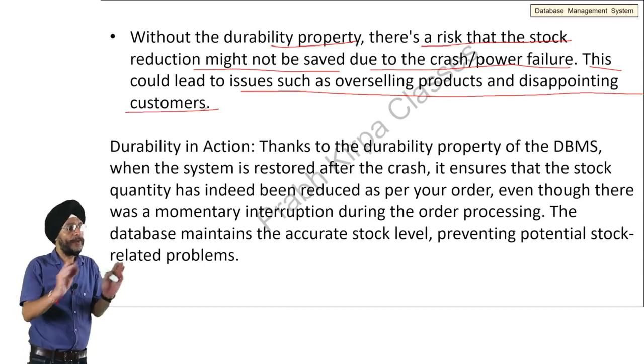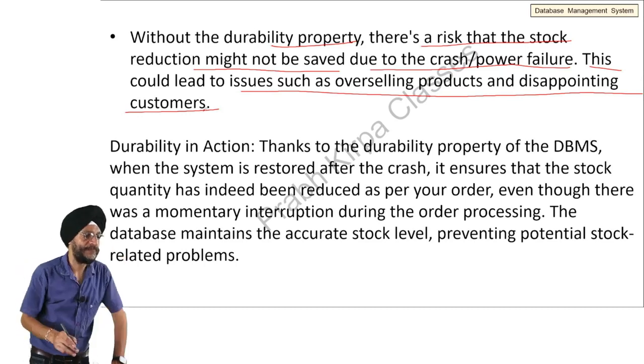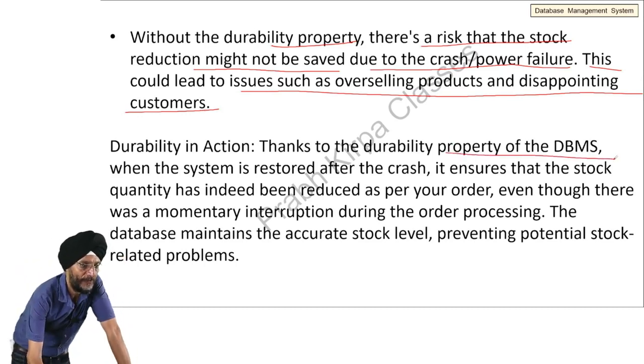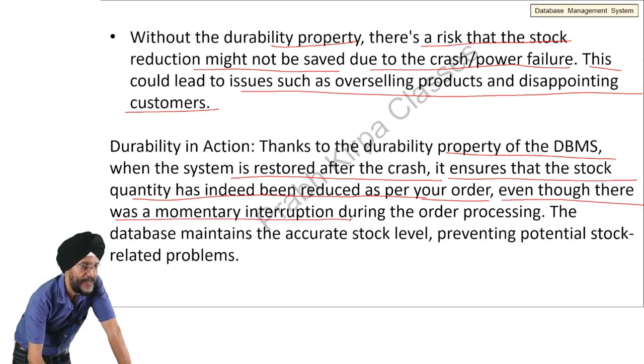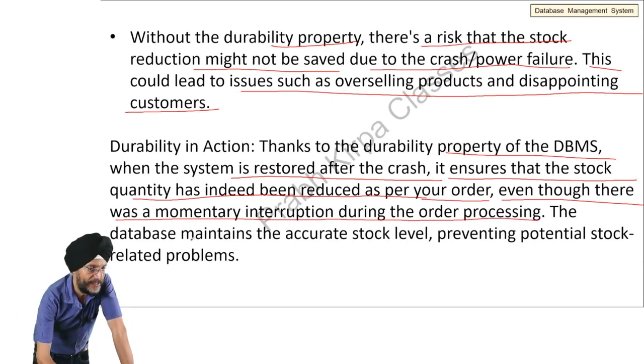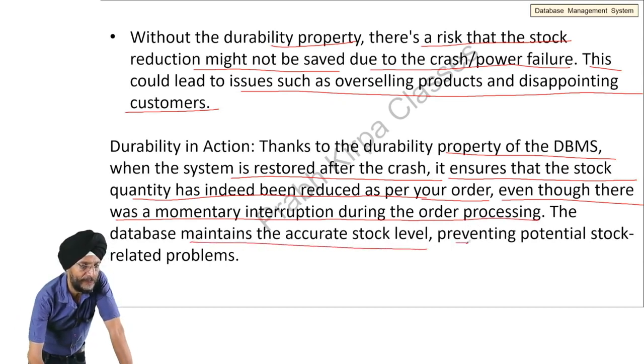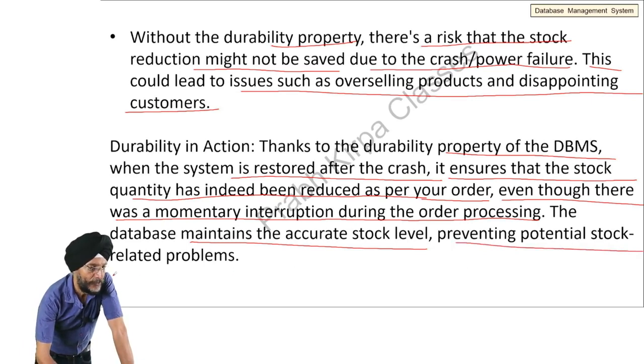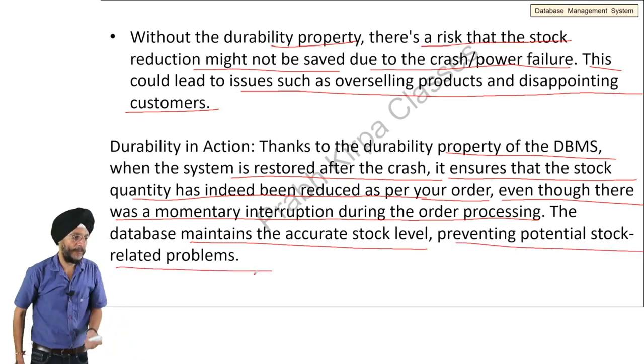Now, the durability property comes into action. Thanks to the durability property of DBMS, when the system is restored after the crash, it ensures that the stock quantity has indeed been reduced as per your order. Even though there was a momentary interruption during the order processing, the database maintains the accurate stock level, preventing potential stock related problems.